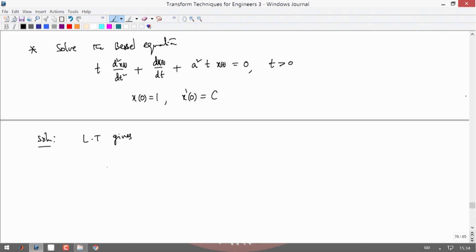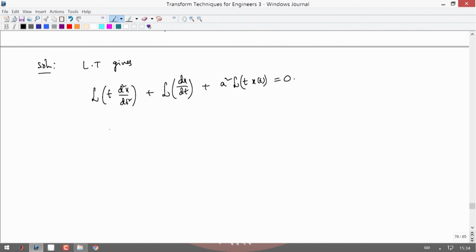You apply the Laplace transform to t times d square x by dt square, and then the Laplace transform of dx by dt, which we know already, and a square is constant, times the Laplace transform of t times x of t, which are functions of s, equal to 0.